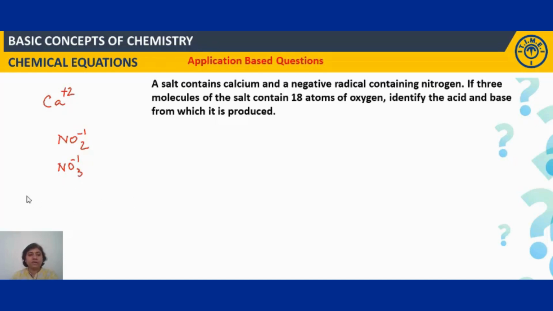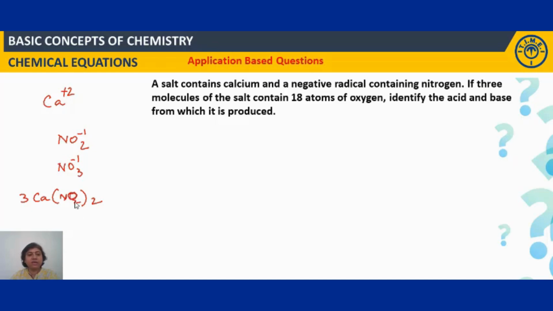Now suppose I write calcium and nitrite, NO2 -1, then what will be the formula of the compound? Then it will be Ca(NO2)2, taken twice, right? So in that case, how many oxygen atoms? Let us check.